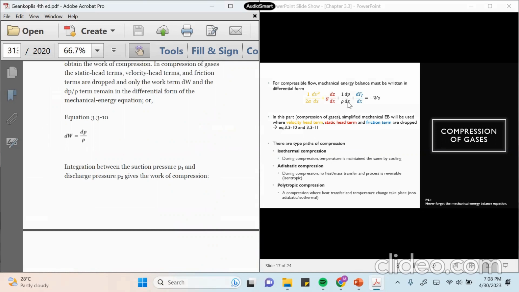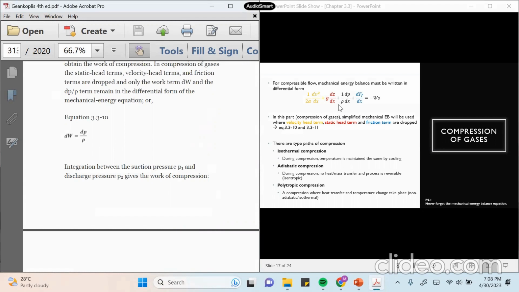Why? Because the friction term, the static head term, and the velocity head term are insignificant when we compare them to the change of the pressure.